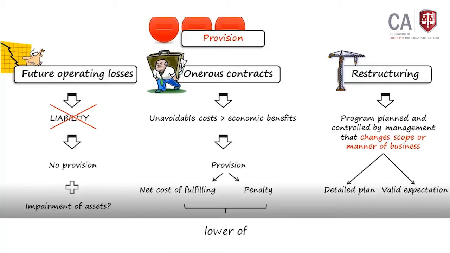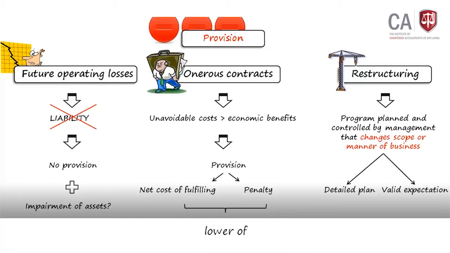No provisions will be recognized for future operating losses. But if there is any impairment relating to assets, you have to recognize that. What do you mean by impairment? Carrying amount is higher than the recoverable amount. In future you will experience operating losses.